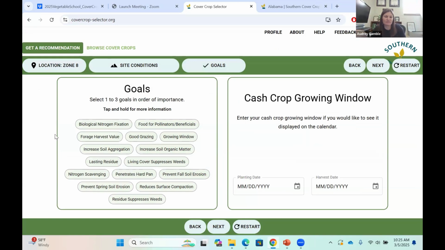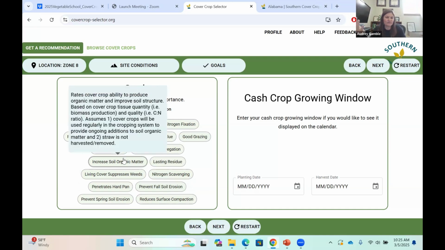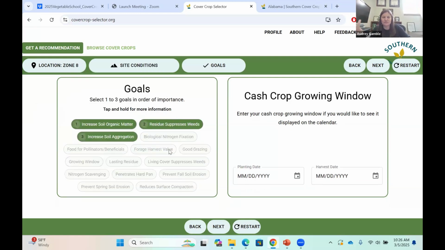So for example, if one of my major goals is going to be residue to suppress weeds in my following cash crop, but I also want to improve organic matter and build overall soil health. There's one that's related to that. I just gotta find it. Let's say increases soil aggregation or improve soil structure.